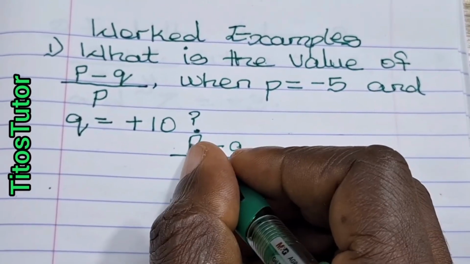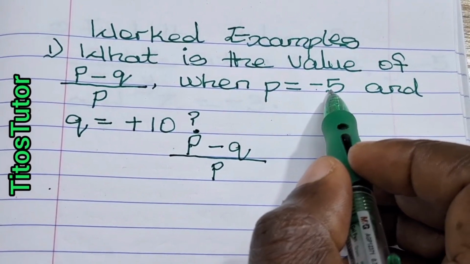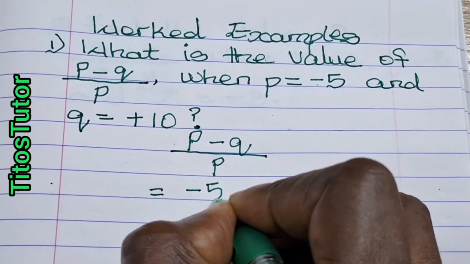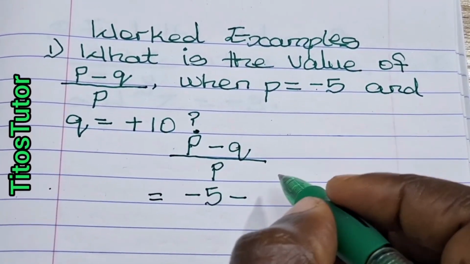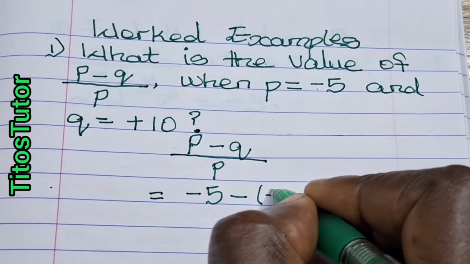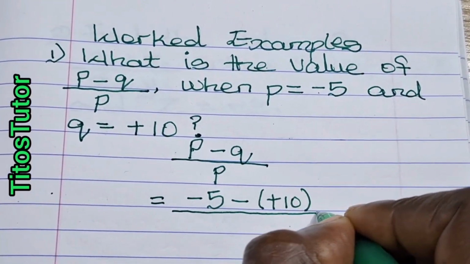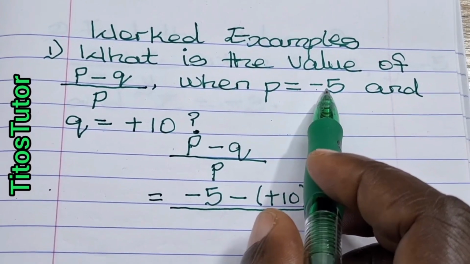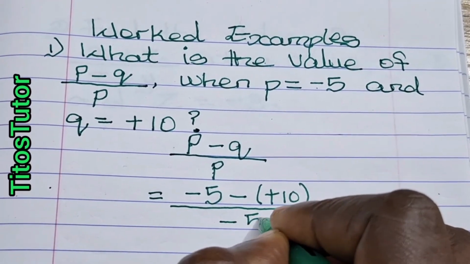So in place of p, remove p, throw p away, and put a -5. So here I have -5 minus q, which is +10, all over, which is a division sign, p. Don't forget, p is -5. So I have all over -5.